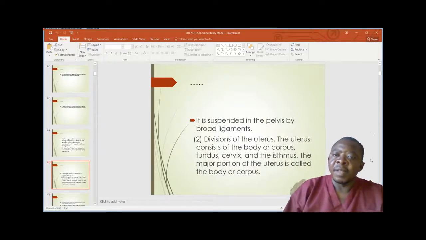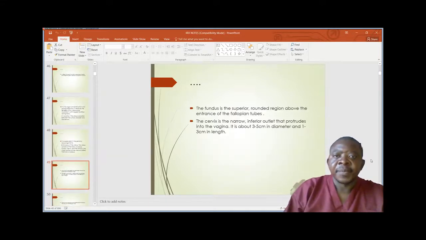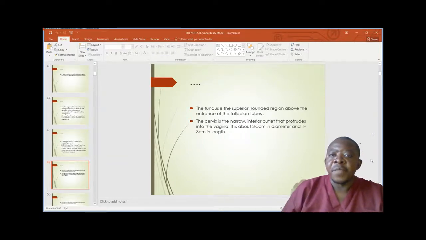We have divisions of the uterus. The uterus consists of the body or corpus, fundus, cervix, and the isthmus. The major portion of the uterus is called the body or corpus. The fundus is the superior rounded region above the entrance of the fallopian tubes.